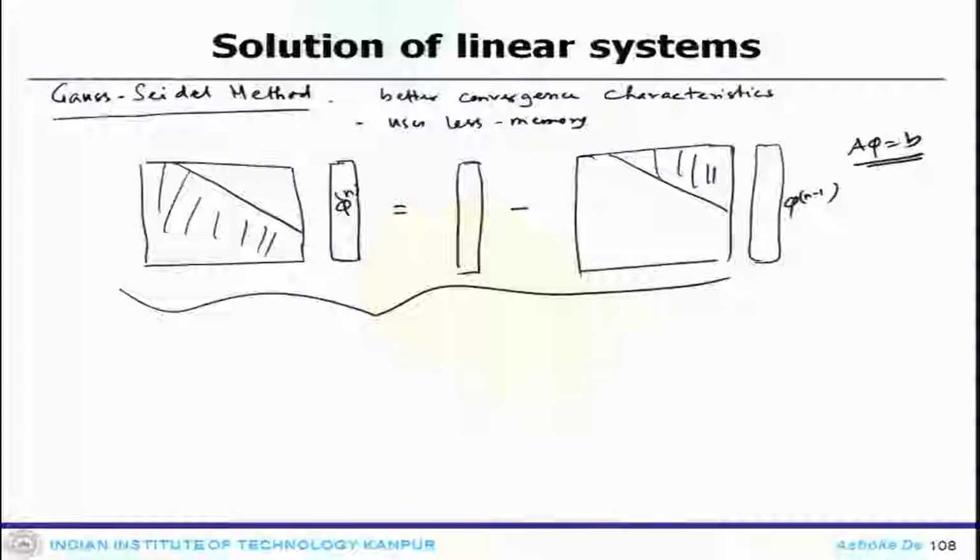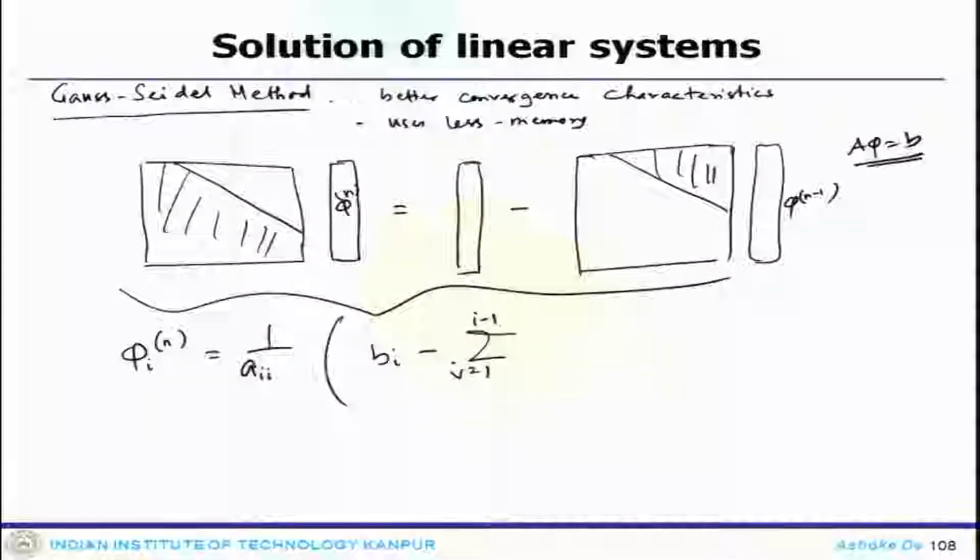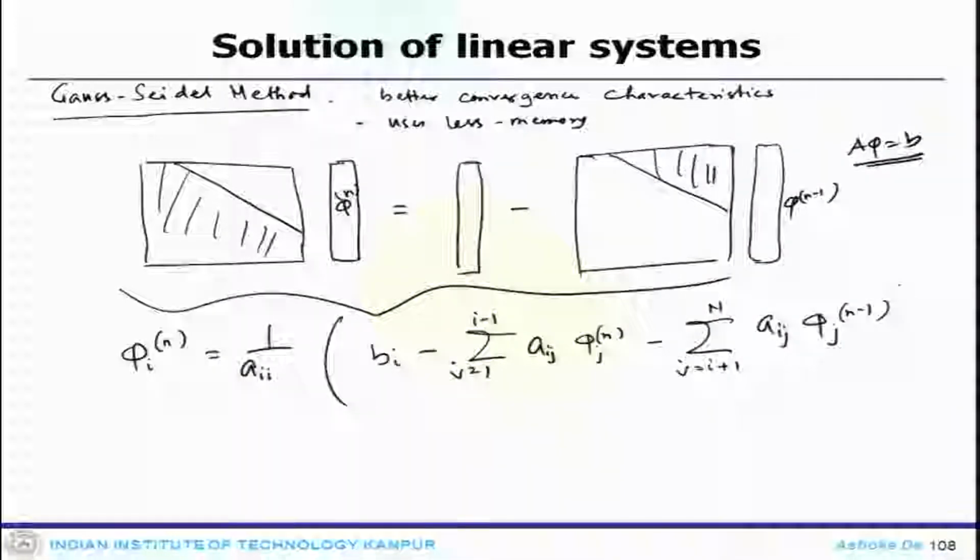A phi equals b. So, if you write that mathematically, at nth level phi i equals 1 by a_ii times bi minus summation of j equals 1 to i minus 1 a_ij phi j minus summation of j equals i plus 1 to n a_ij phi j, where i goes from 1 to n.